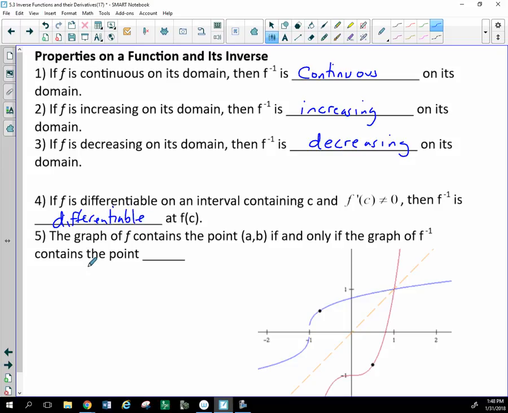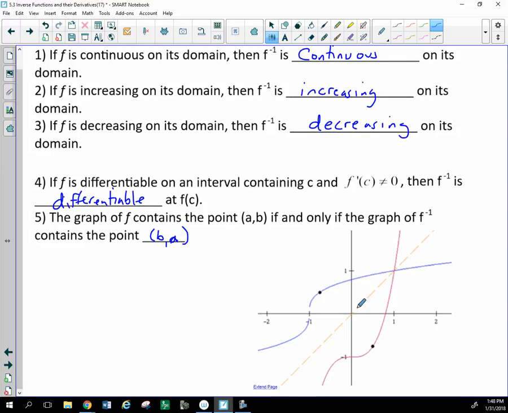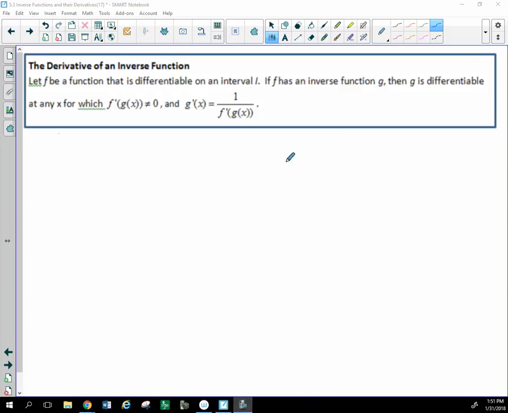And finally, if we're talking about a point (a, b), then the inverse would be (b, a), and we established that at the beginning of this. And so we're looking at this function, and this is what we're dealing with as we go. So as we continue on with this, we're talking about the derivative of the inverse function.